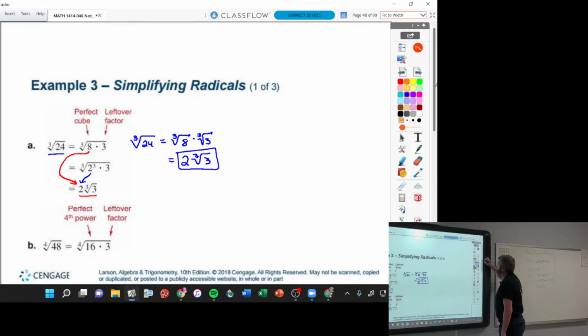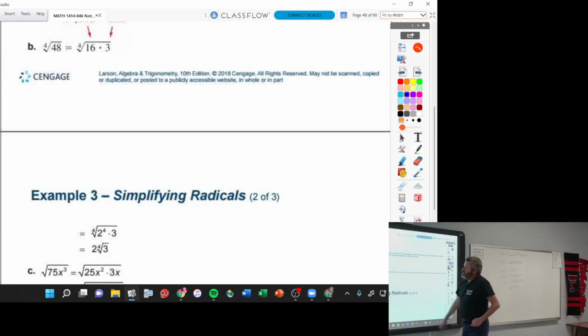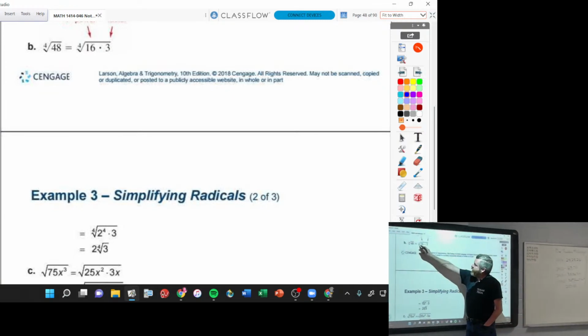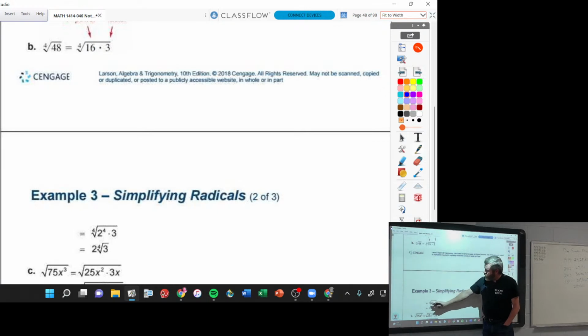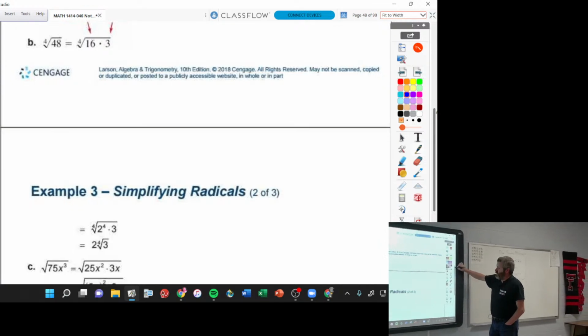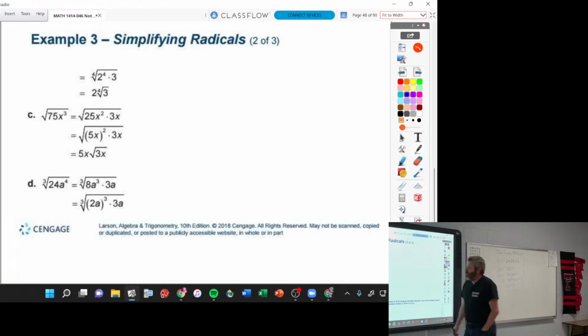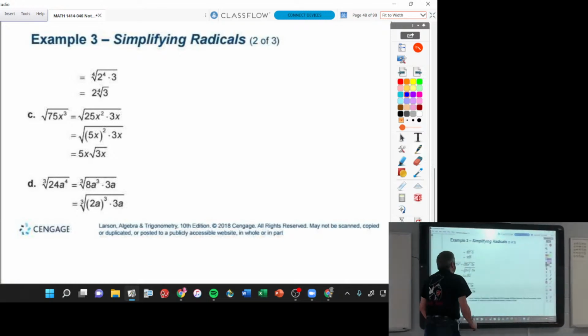You've got the fourth root of 16 times 3, which is the same thing as the fourth root of 2 to the fourth. The fourth root of 2 to the fourth is simply 2, and I'm left with the fourth root of 3 left behind.